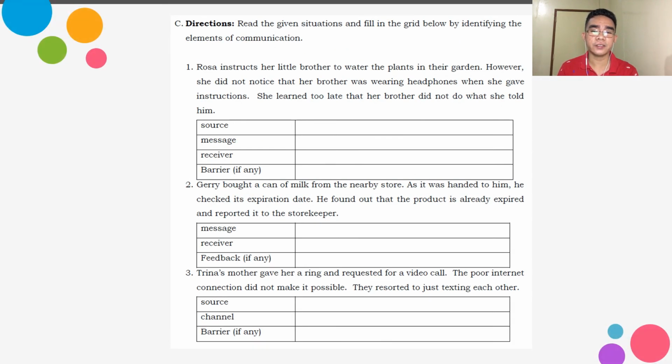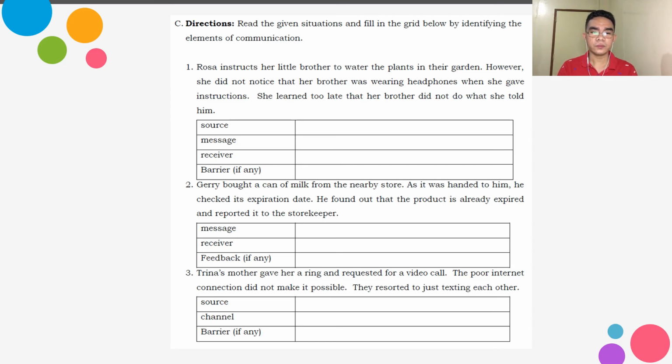Next, letter C for What's More. So read the given situations and fill the grid below by identifying the elements of communication. There are given sentences, and then you will just identify who is the source, what is the message, who is the receiver, and you will identify the barrier or the noise if there is any.